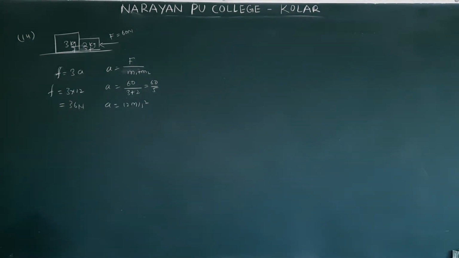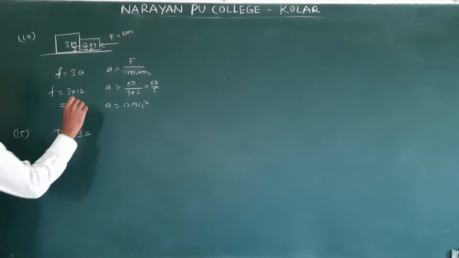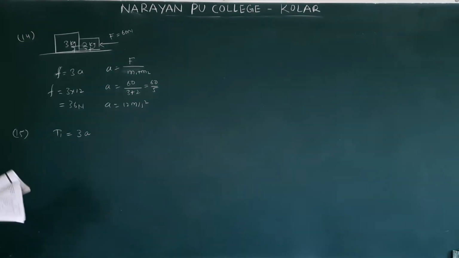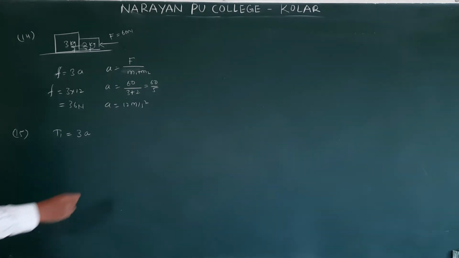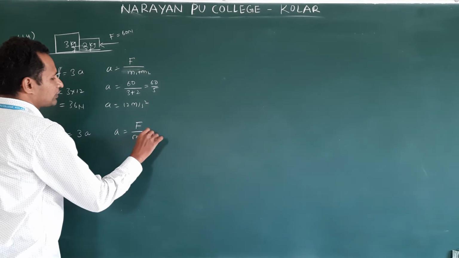Okay, next, 15. Two diagrams are given. They are asking the ratio of T1 and T2. First case, T1 is equal to what? 3 into A, because the 3 kg object is accelerated. Who is accelerating the 3 kg block? T1. Then A, how do you write? Total force by masses m1 plus m2.